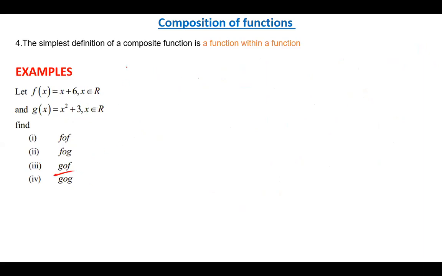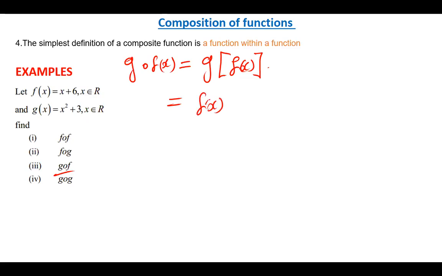When we have g of f of x, this is simply the same as, in g, where there is x, I'm putting f of x. So g is simply x squared plus 3. So this is just the same as f of x squared plus 3. What is f of x?